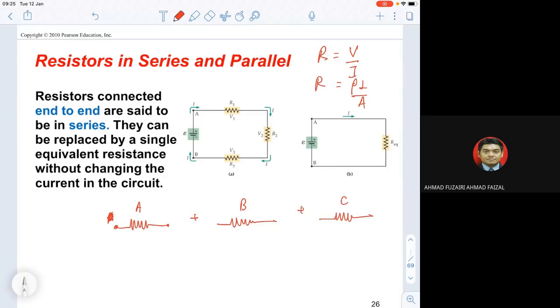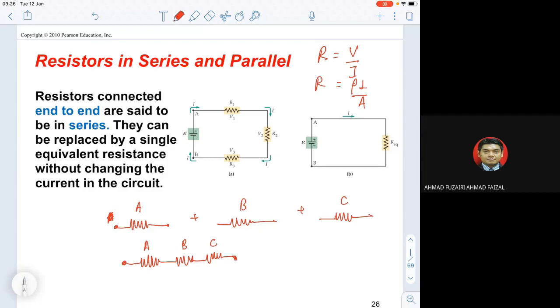Normally the resistors are said to be in series when combined end to end, hujung ke hujung. End to end meaning that from A, after we finish A, then we continue with B. After B, then we continue with C. So this is A, this is B, and this is C.